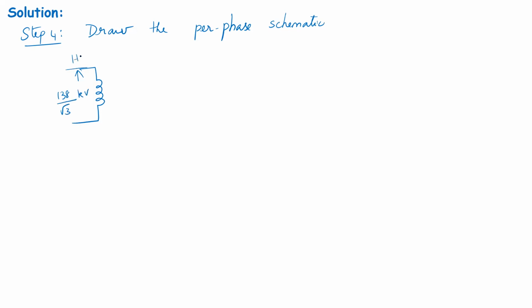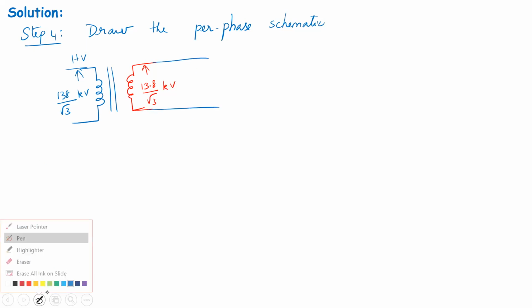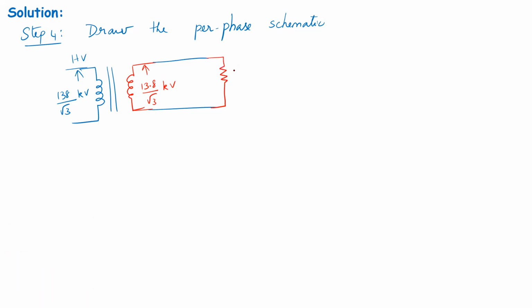So this is the HV side, and then I have my core, and then I will have my equivalent Y, which is red in color. This voltage will be 13.8 over root 3 kV, and then this is now connected across an equivalent load resistor, which is 23.805 ohms. Okay.